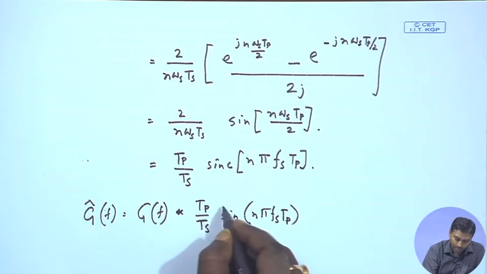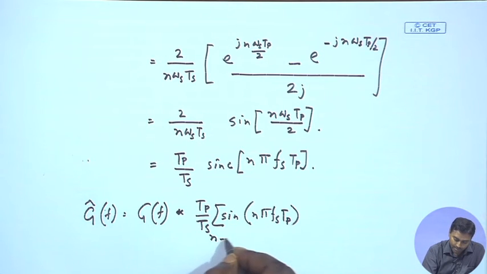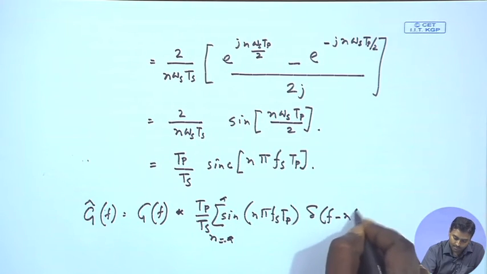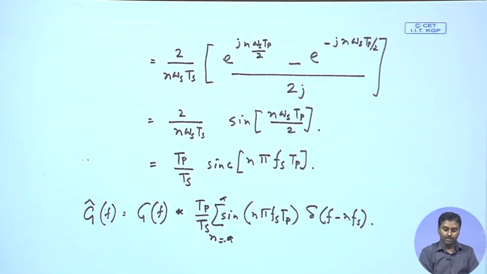So, this n goes from minus infinity to plus infinity, and I have a delta at every f_s, corresponding f_s, right.